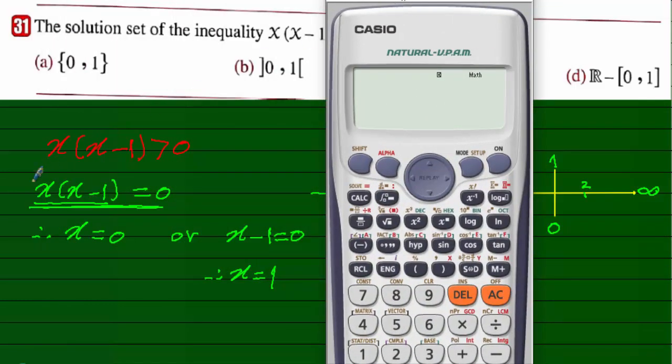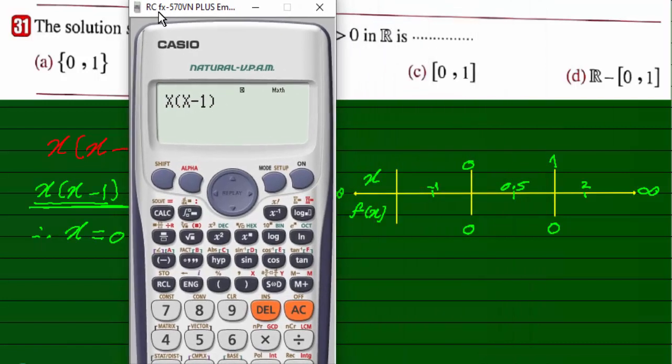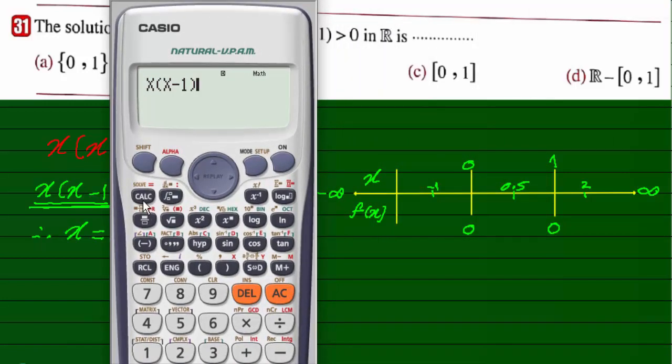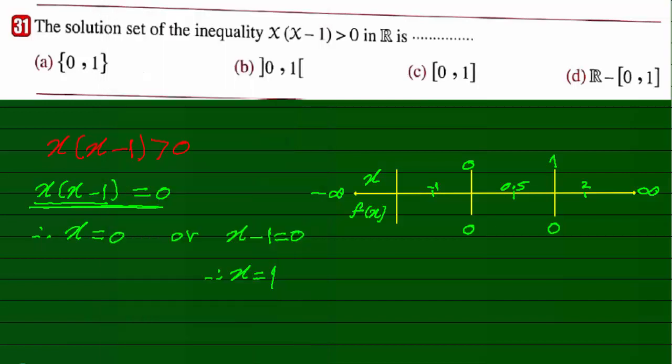So first write this function: x multiply x minus 1, and close the bracket, and we write calc for x equals negative 1. The result equals 2. It is positive, so we write here the sign of f of x is positive.